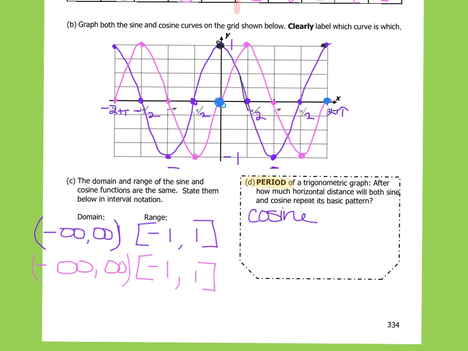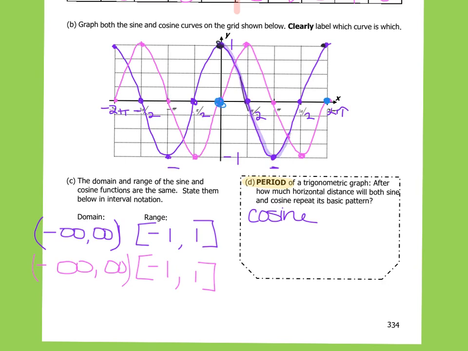Okay, so what the period is basically saying is how long does it take for the cosine to complete one full cycle? I always like to start at 0. I feel like life is easy when you start at 0. So what I'm doing is I'm highlighting here.